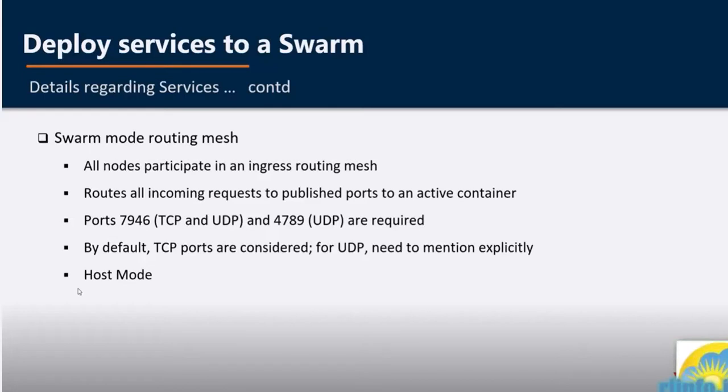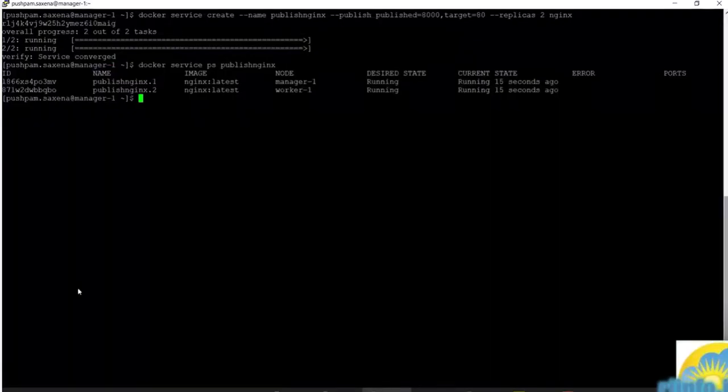So we can bypass the routing mesh so that when you access the bound port on a given node, you're always accessing the instance of the service running on that node. So let's run a service which is using host mode. Okay, so let me create another Nginx service which will be using the host mode. So Docker service create, name will be host Nginx this time.